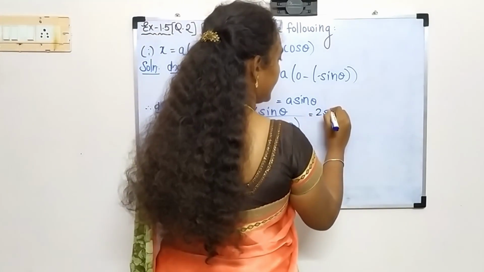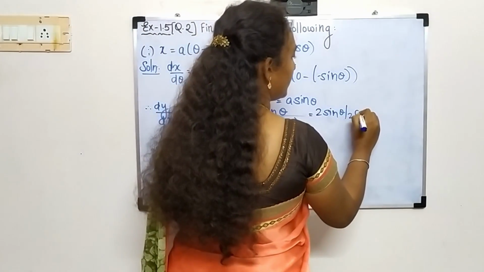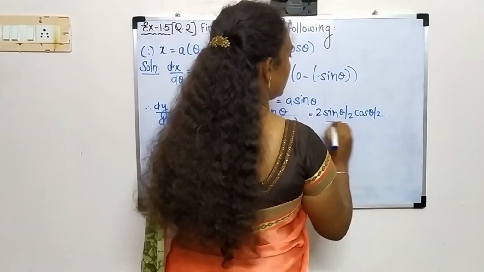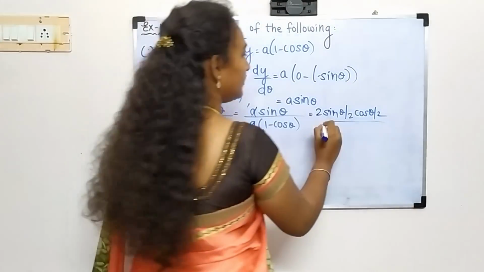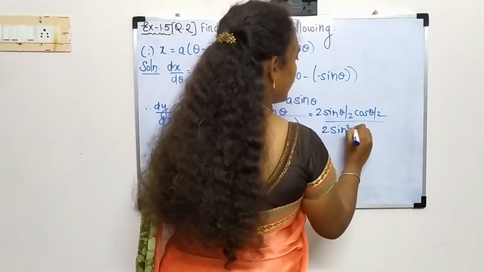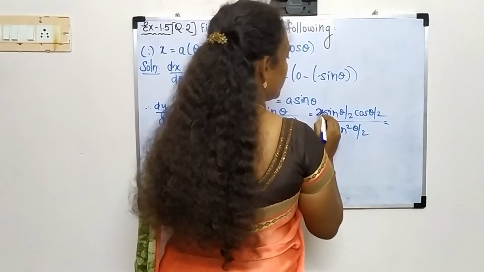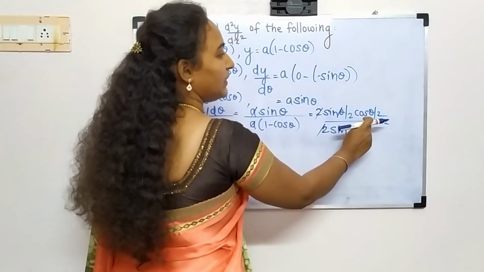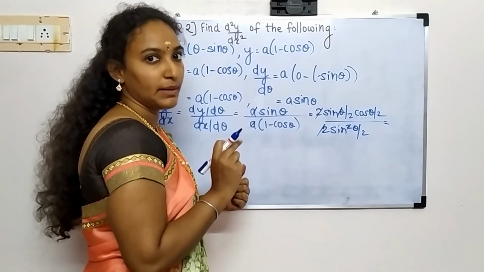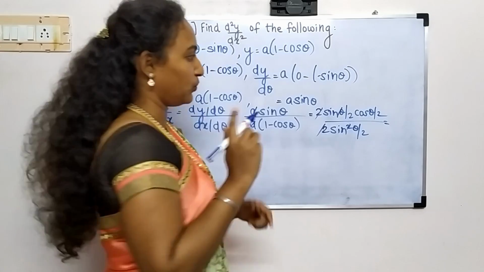Sin theta can be written as 2 sin theta by 2 cos theta by 2. That is a formula for sin theta, and for 1 minus cos theta we have 2 sin square theta by 2. So 2 and 2 will cancel, sin theta by 2 will get cancelled. We will get cos theta by 2 upon sin theta by 2, that is cot theta by 2.